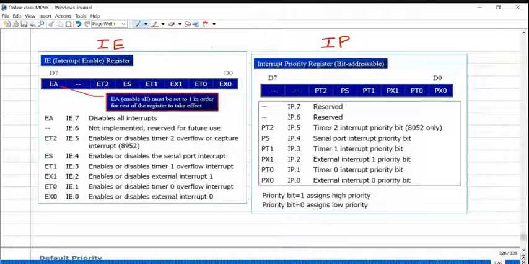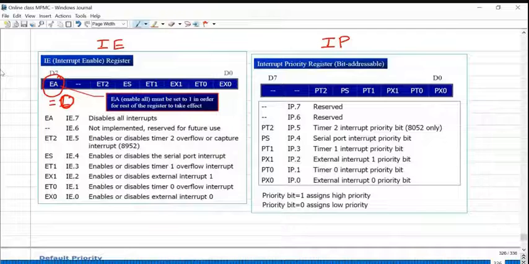To enable all the interrupts of the 8051 microcontroller, this pin must be high. If this pin is high, all the interrupts are enabled. If this particular pin is 0, it disables all the interrupt mechanisms available in the 8051. So EA enables or disables the entire interrupt system.